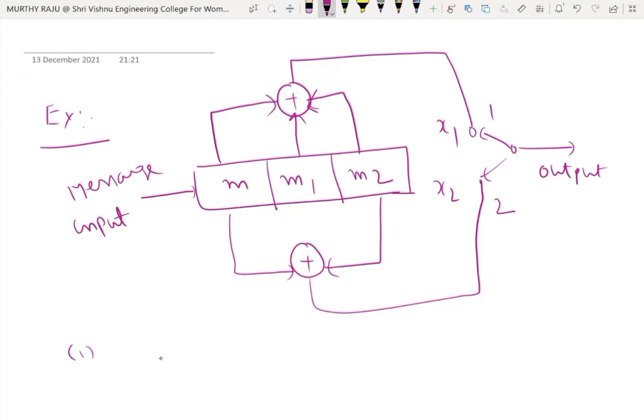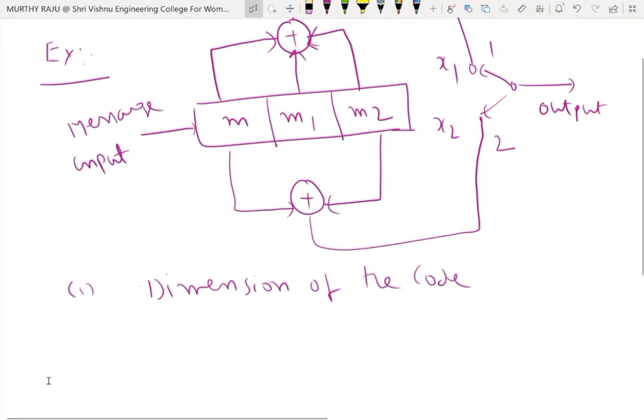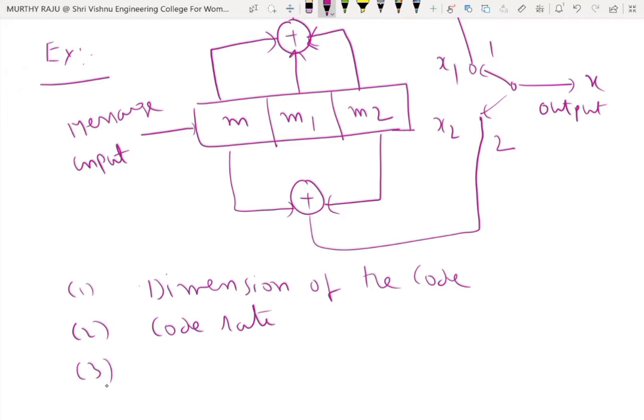For the convolutional encoder shown in the above figure, determine the following. First one, the dimension of the code. Second one is the code rate. Third one is the constraint length.